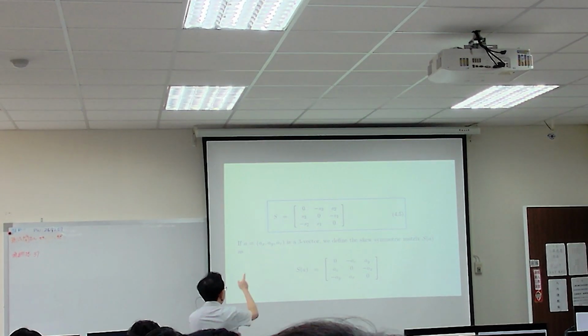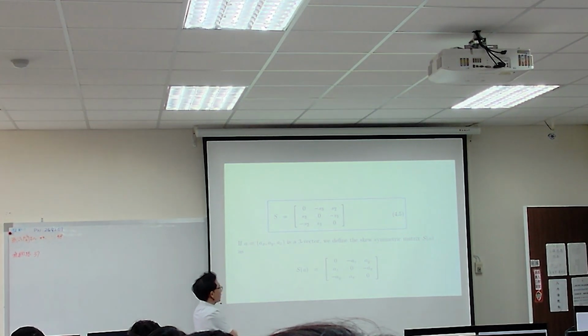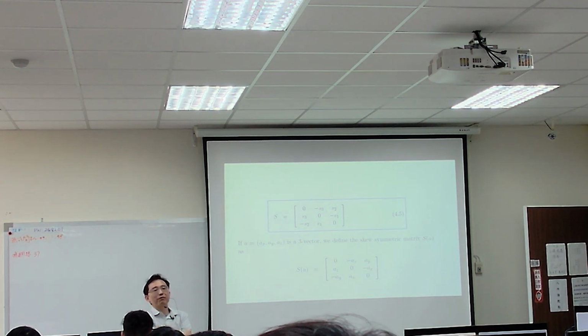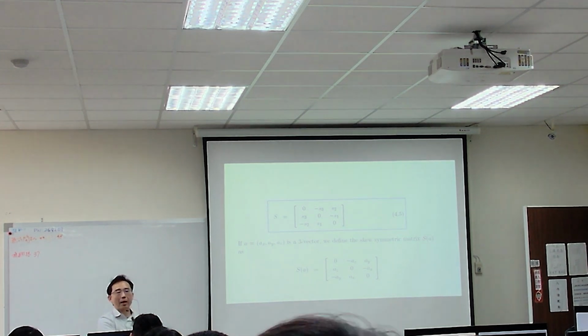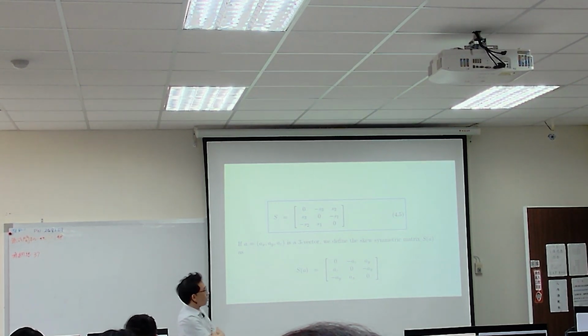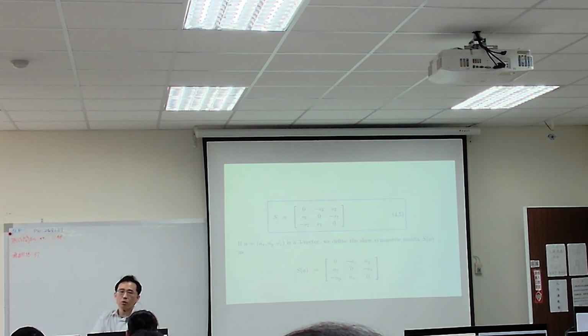For example, s3 and negative s3 are the same magnitude, although they have different signs, which is okay. The other pair along the diagonal is s2 and minus s2, and s1 and minus s1. This matrix is called a skew-symmetric matrix.